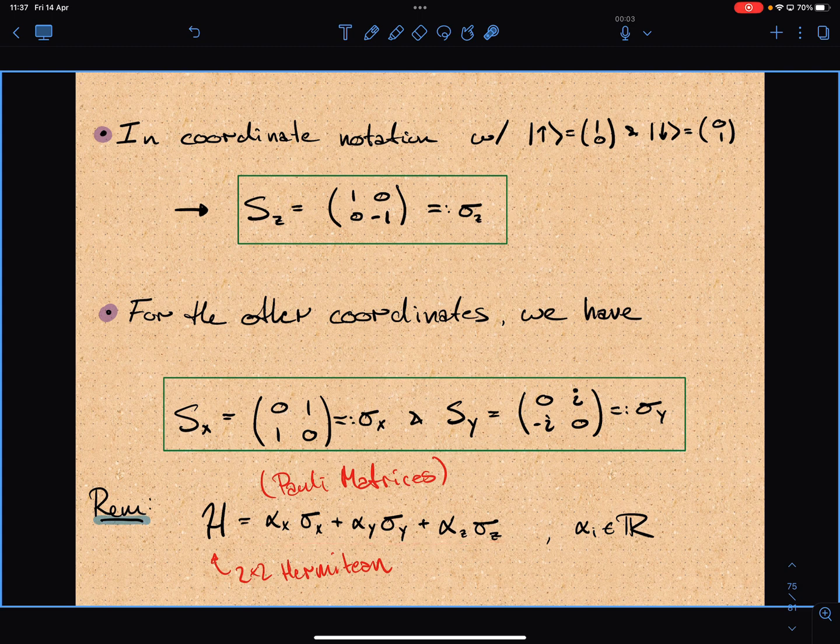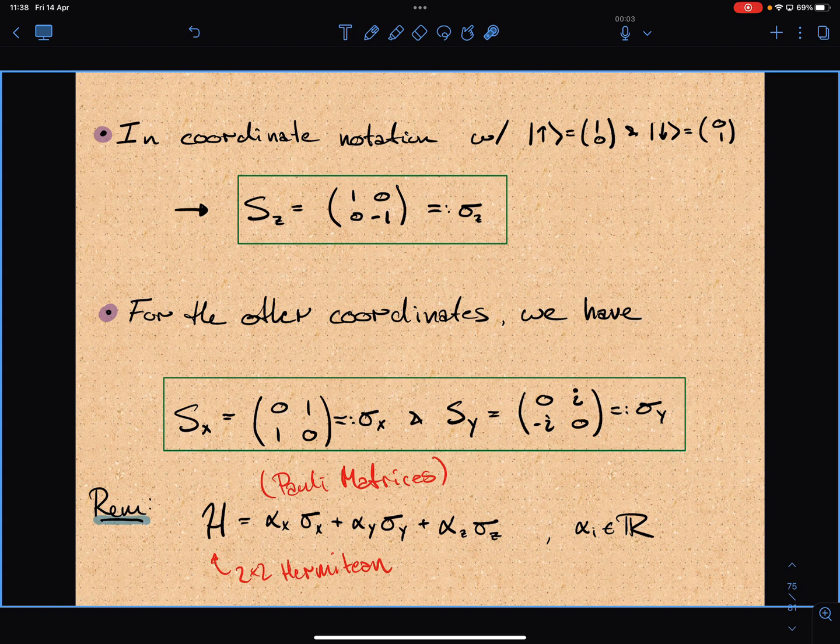They create a basis for the space of 2 by 2 Hermitian matrices, where alpha x, alpha y, and alpha z are real numbers. So essentially this is capturing all the possible information that we could have from a 2 by 2 quantum mechanical system, this spin.